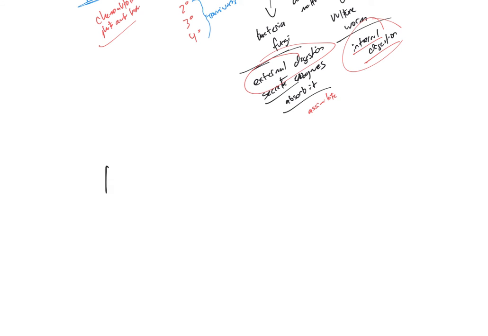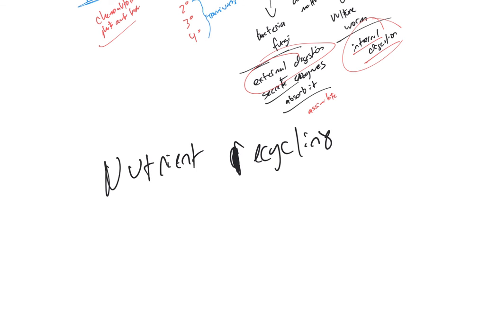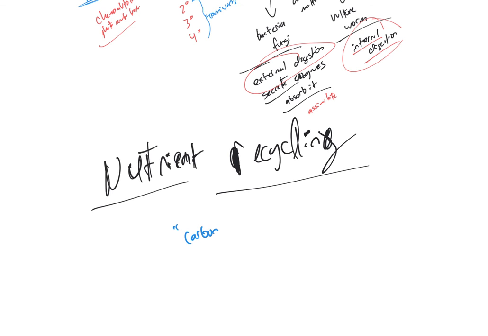The last thing about 4.1 is nutrient recycling. There's some really interesting questions they like to ask about this. Usually the mark schemes are focused on basically the carbon cycle, right?